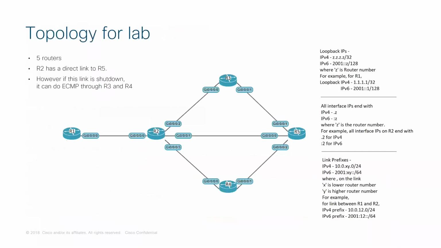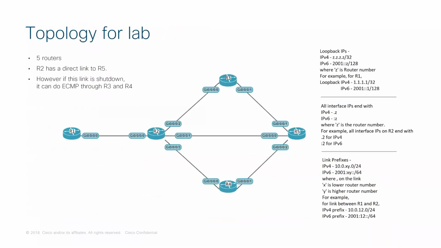So I had a lab built up. Anyway, we'll go through the lab. R1, this is my topo. My source is R1, destination is R5. My best path is R1, R2, R5.